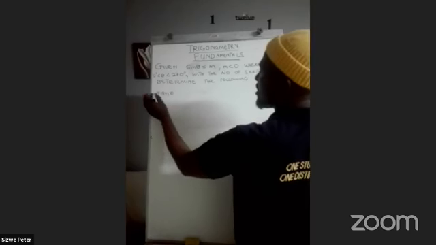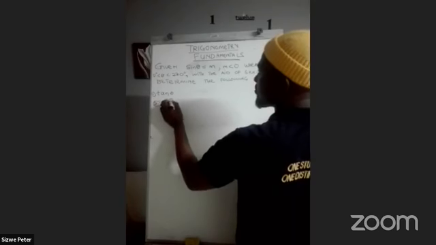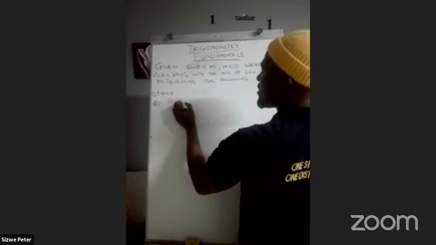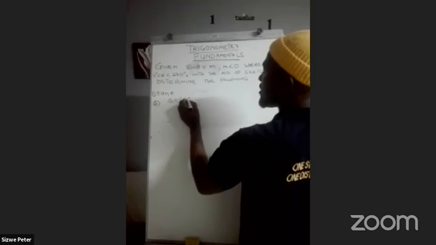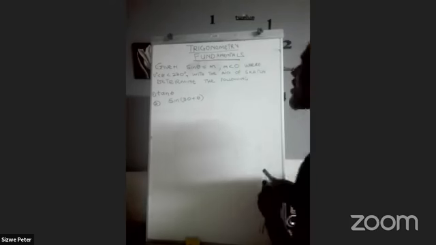Tan theta, that is number 1. Number 2, sine of 30 plus theta.